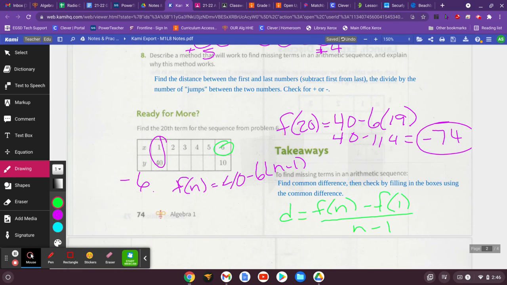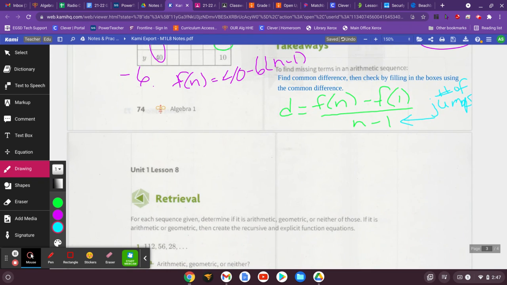So also known as the, we're going to put a little parentheses here, the number of jumps. It's hard to write with my finger. Here we're assuming we're starting with 1 on all of these. So 6 minus 1 would be 5 jumps, and that's what we have. 1, 2, 3, 4, 5 jumps. So that's the way to throw that one in here.